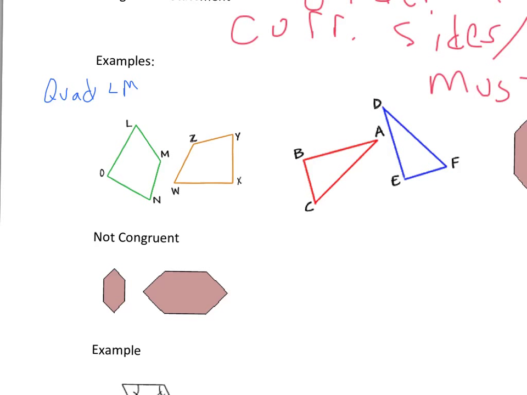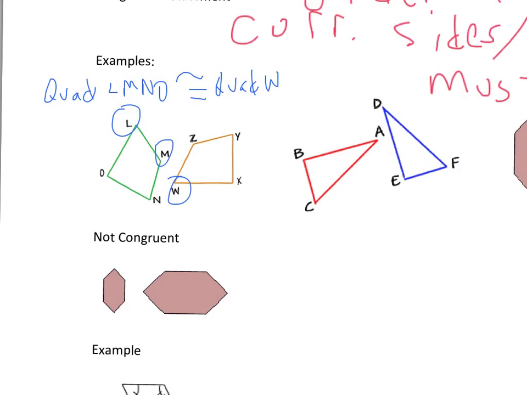So L, M, N, O. If we're writing a congruency statement, we need to use our congruent symbol, and then quadrilateral. Now you have to pay attention to what matches up. Notice I did L first. Which one corresponds with L over there? If you look, these have been flipped a little bit. W corresponds, so W has to go first there.